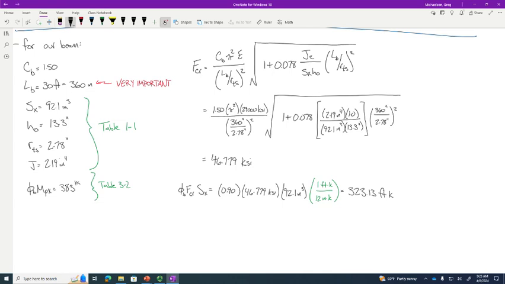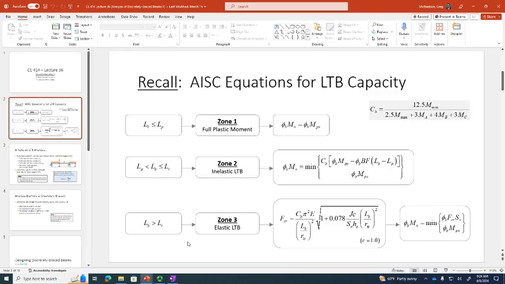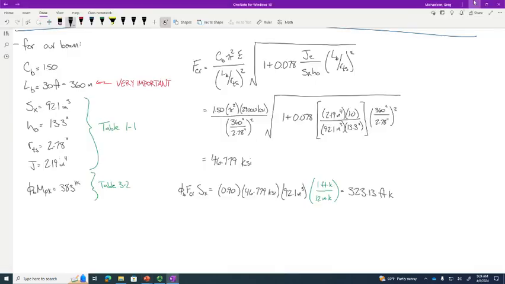And I'm trying to figure out, because I don't have a plot, is this value the actual capacity? Is this value less than Mp or not? Because here's our flow chart, and our flow chart says that the nominal capacity is the minimum of that and Mp, and that's what that cutoff is right there.